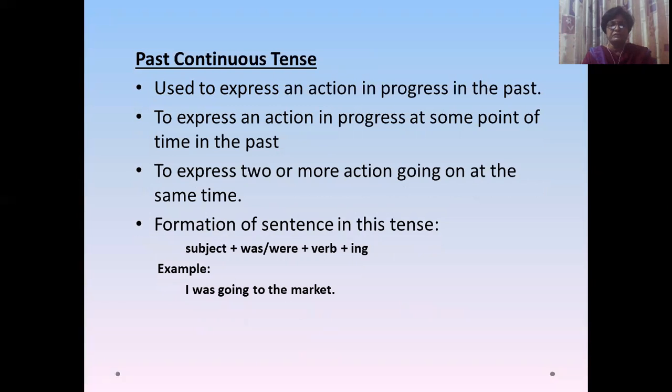The formation of the sentence in this tense will be subject plus was or were plus verb plus ing, because it is a continuous tense and it deals with an action which had taken place in the past. So I am giving an example of the same sentence: I was going to the market. In the previous one, I said I went to the market. Now in past continuous tense, we'll say I was going to the market.